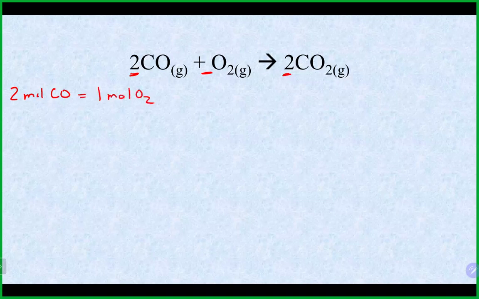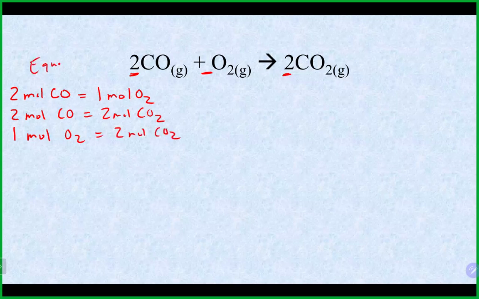And again, that is just the coefficients for each of those in the balanced equation. I could also say for every 2 moles of CO I put in there, I should get out 2 moles of CO2. I could also say for every 1 mole of O2 I throw in there, I should get 2 moles of CO2 out.